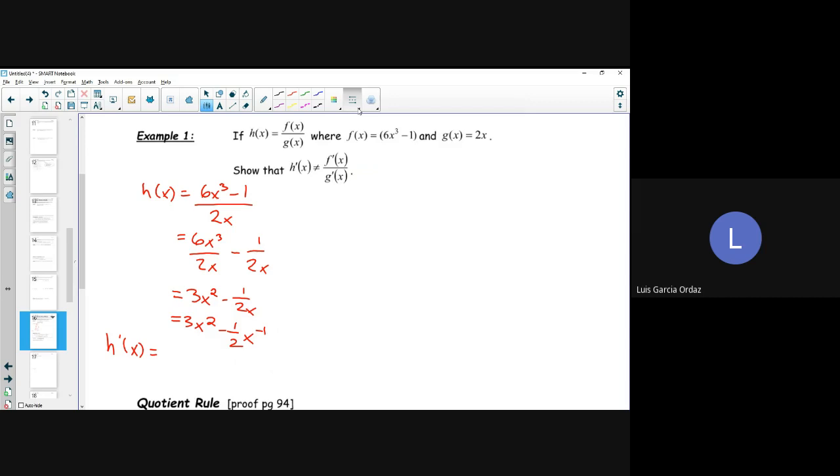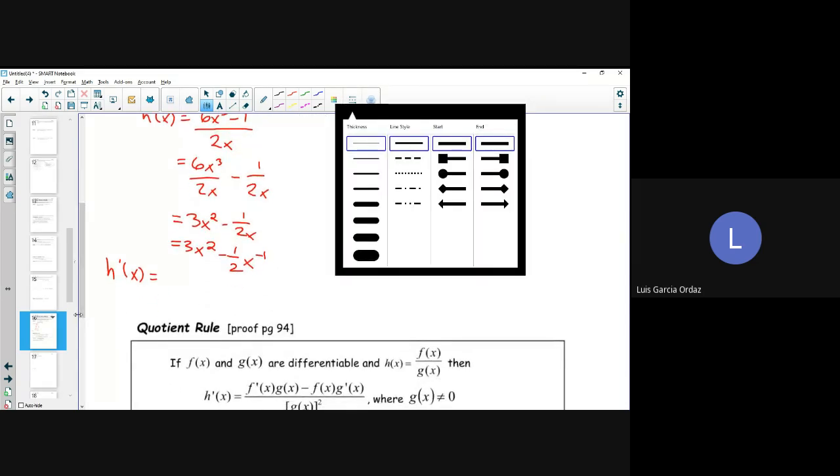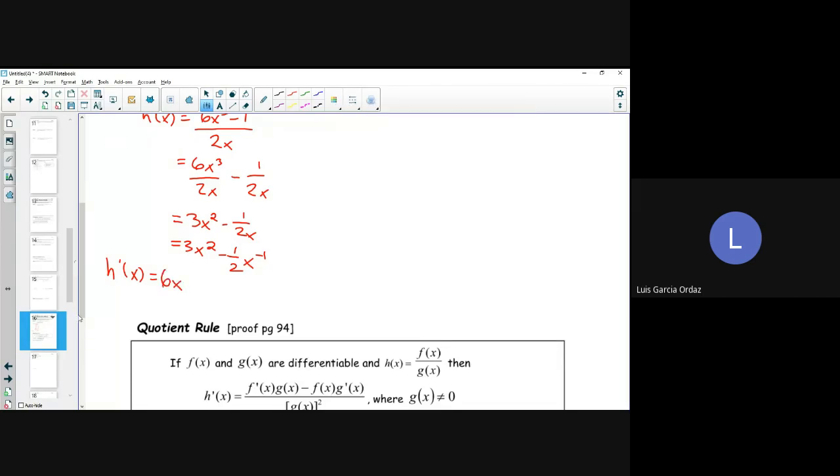So what would the derivative of 3x squared be? It would be 6x. Okay? And now I can take the derivative of negative 1 half x to the negative 1. And what does that give us?